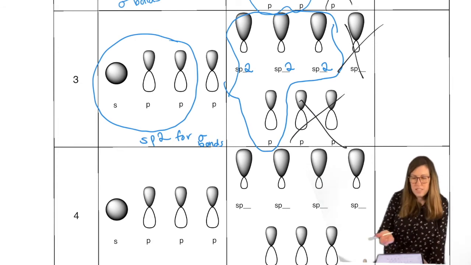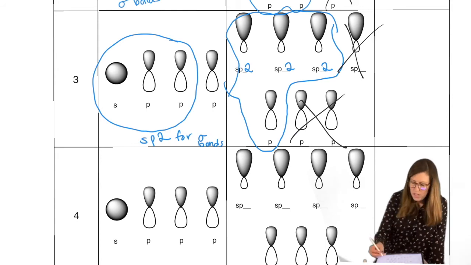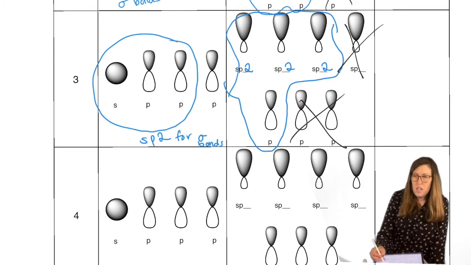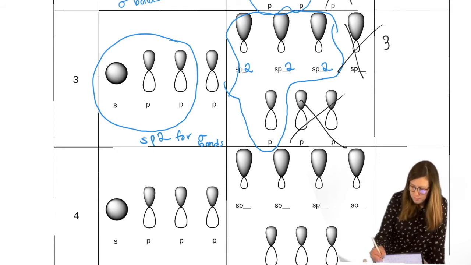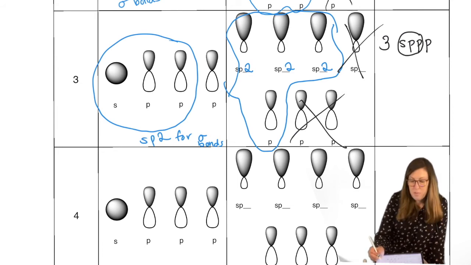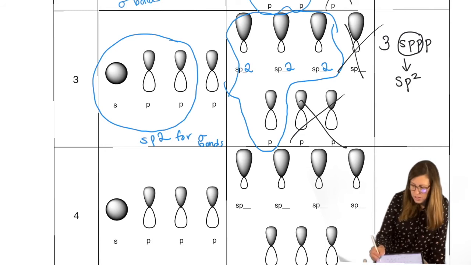So if you want to work this out on your own, if you had to do the same logic, you might say, okay, I see that atom needs to make 3 sigma bonds. And here's what it has to choose from. It has an S and 3 Ps. So I'm going to circle the first 3 things because it needs 3 bonds. When I circle those 3 things, I see that I circle the letters S and 2 Ps. That makes sp2.